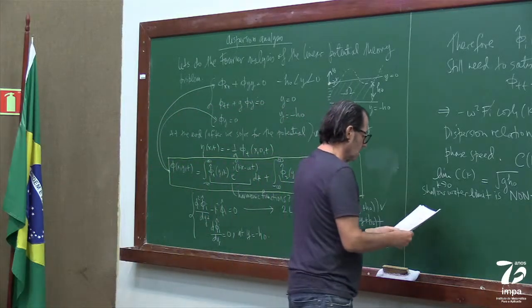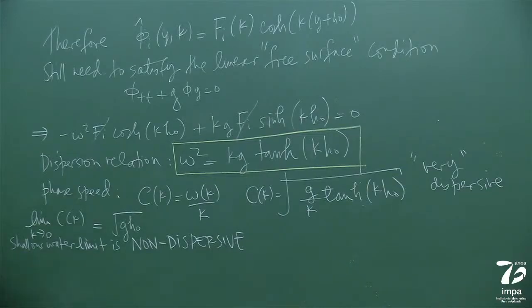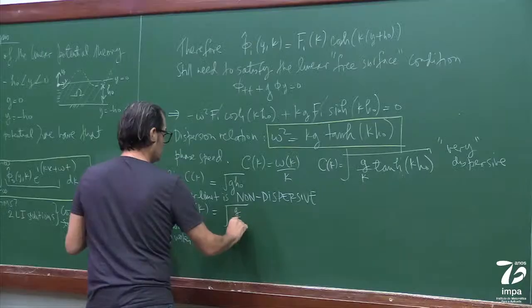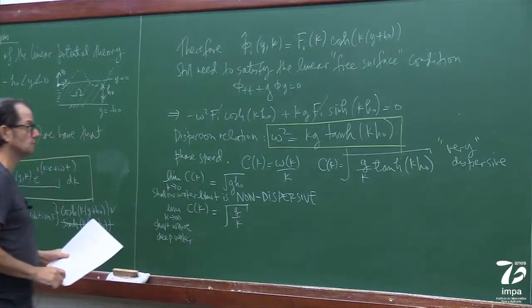And then there's the short wave limit, or the deep water limit, and this is going to be the square root of g over k. Okay?